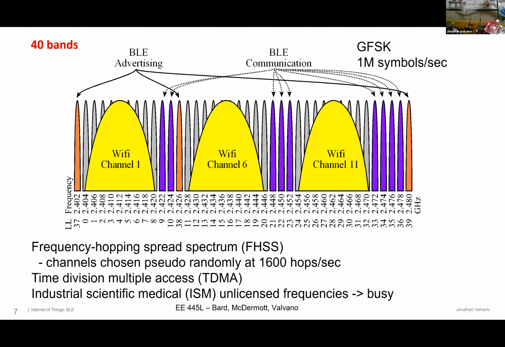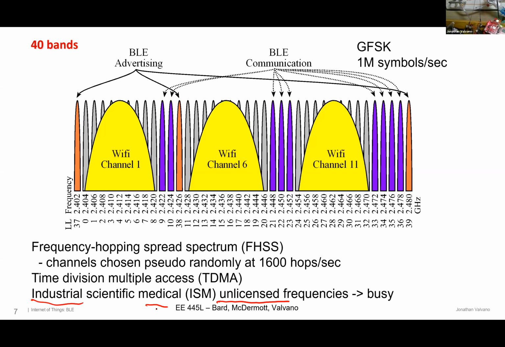I actually showed you this slide last week, just to remind you that if you're in the 2.4 gigahertz range, so is everybody else. This is an open, unlicensed band. You don't have to pay money to use it, and it's called the Industrial Scientific Medical band.